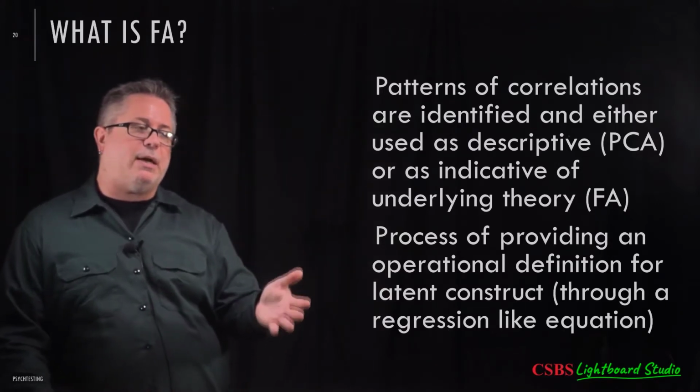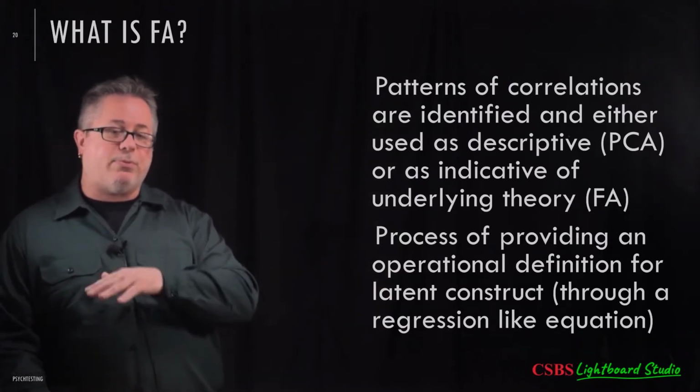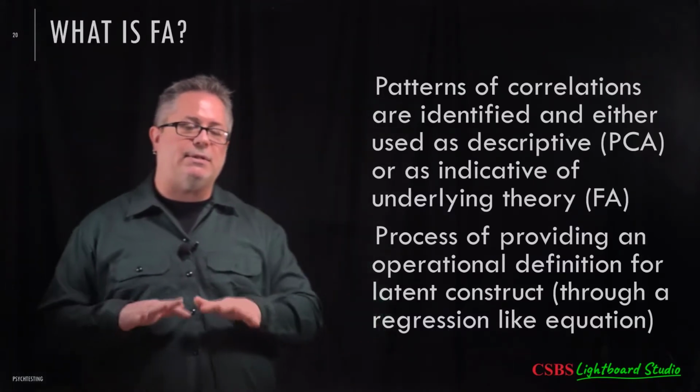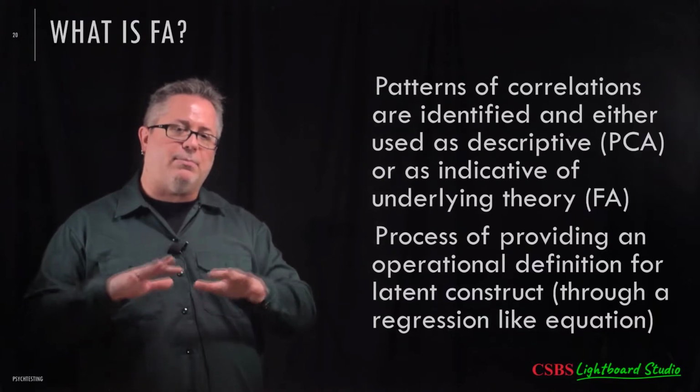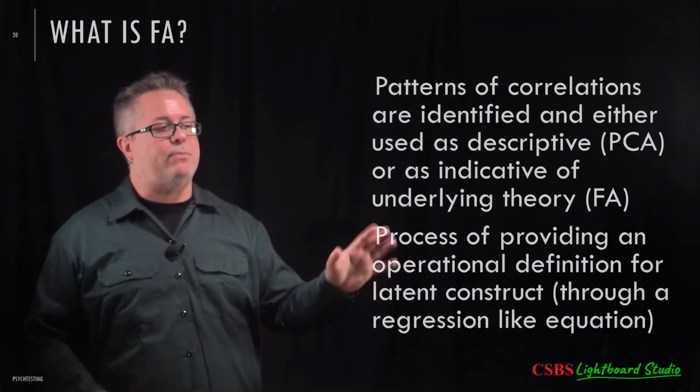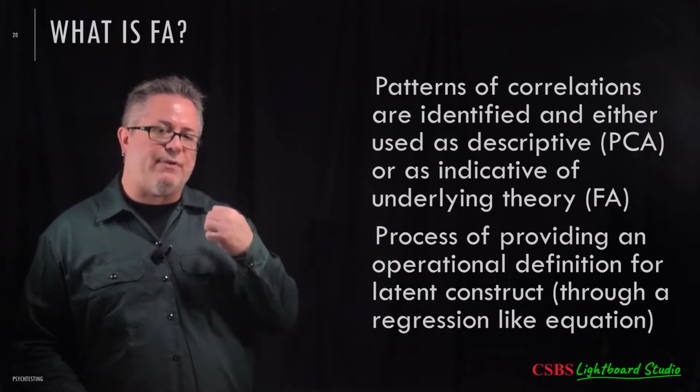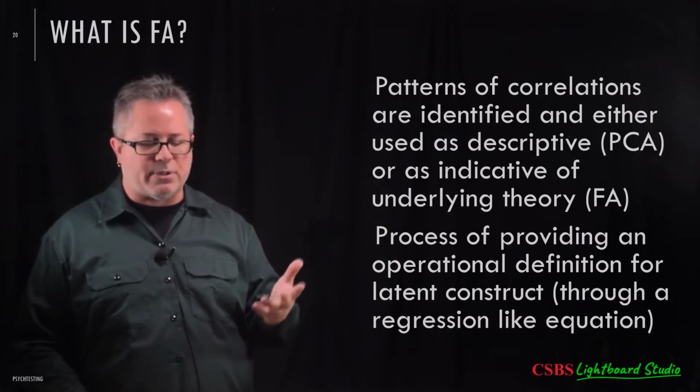Someone could be high on depression for different reasons than other people are, and it allows for a multifaceted, more inclusive way of looking at it. So it's a much more nuanced operational definition than just having a single item where you ask someone to rate their depression on a scale of 1 to 10.